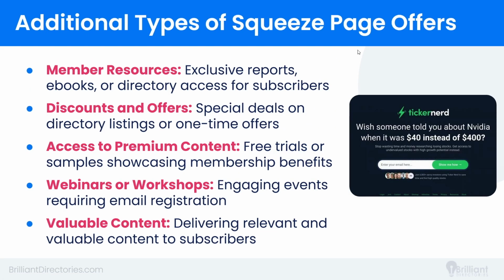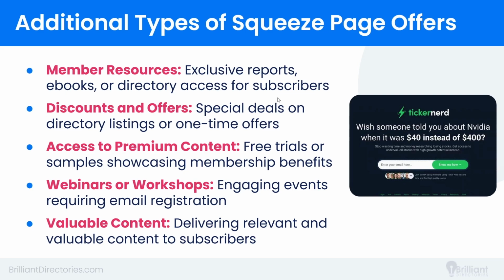And just some additional types of offers that we can provide on these squeeze pages. An ebook or some sort of guide or report might be one of the easier things that we can quickly put together and add on to a squeeze page to immediately get out there. But some other things that we might want to offer, this depends on what your website niche is, your target industry or market, or even location, but maybe member resources.